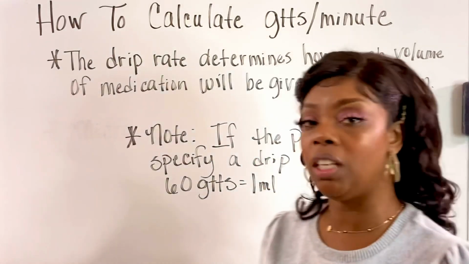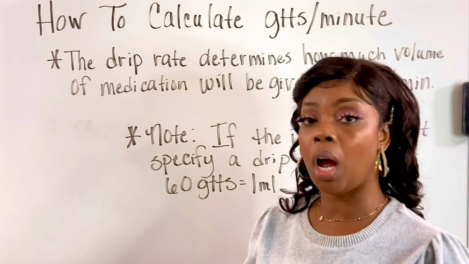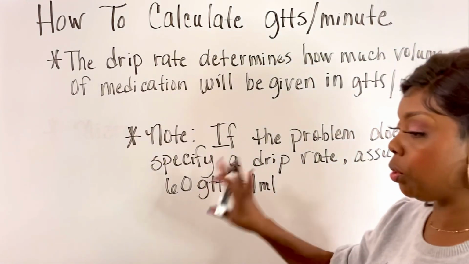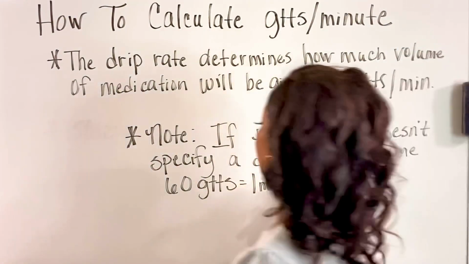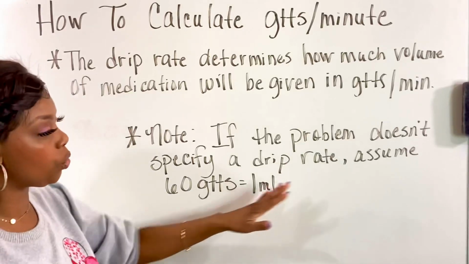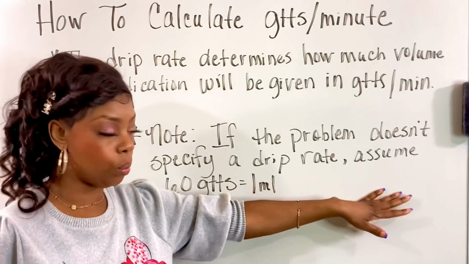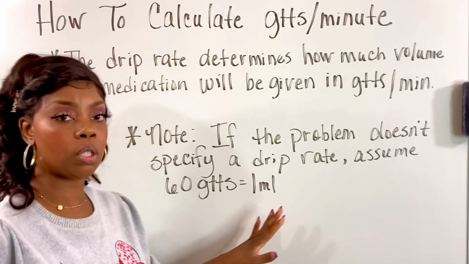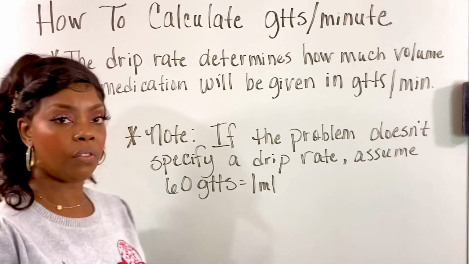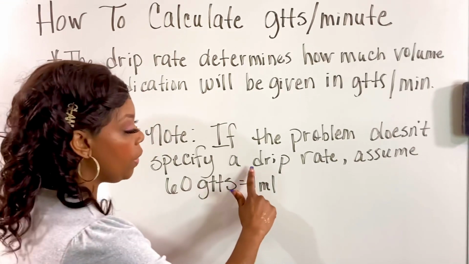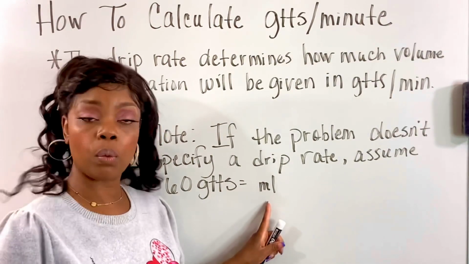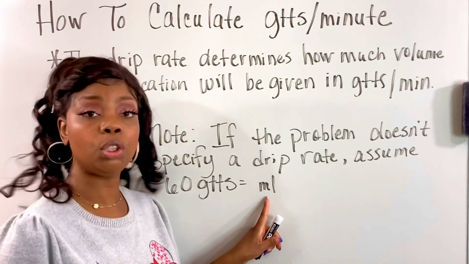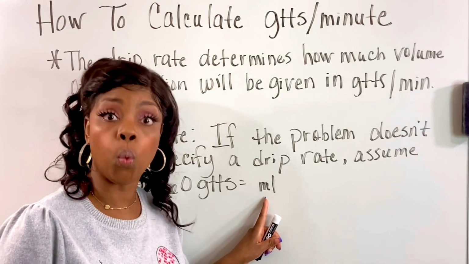So I'm going to be giving you a formula in drops per minute, okay? So I want you to take note of this, okay? If the problem does not specify a drip rate, I want you to assume that it's going to be 60 drops per milliliter. And if you ever are in a situation where there's not a 1 in front of a unit, we always have to assume that that's meaning 1, okay?